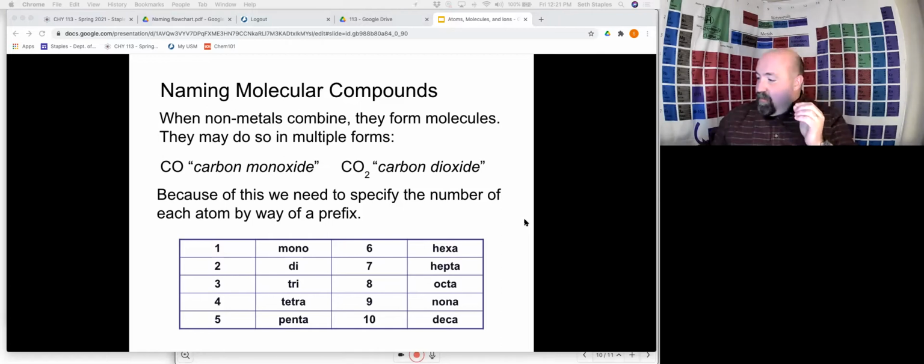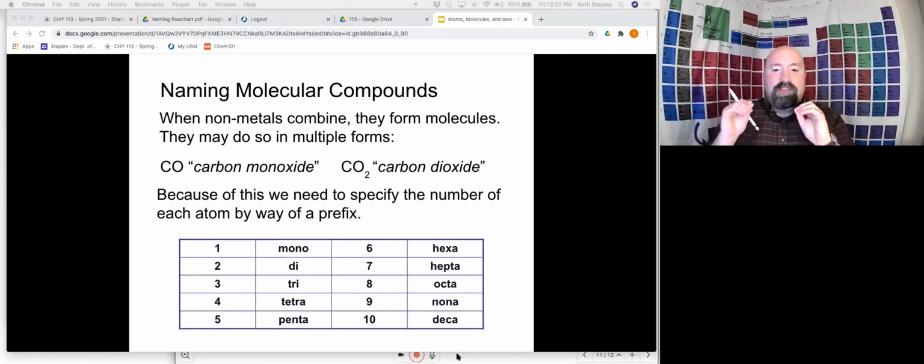The reason for this is that non-metals don't come together in the same predictable ways that a metal and a non-metal do. When sodium and chlorine come together, sodium forms a 1+ ion, chlorine forms a 1- chloride ion. They are always, always, always going to come together as NaCl.